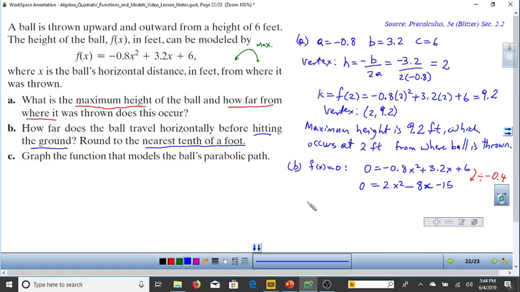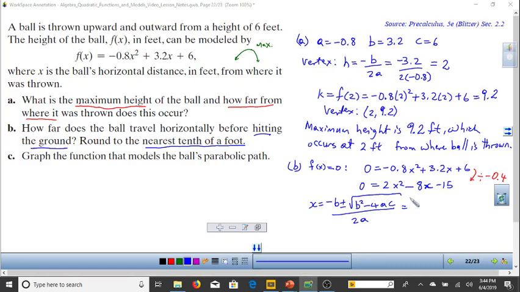Then I can use the quadratic formula. x is equal to negative b plus or minus the square root of b squared minus 4ac, all divided by 2a. Which is negative negative 8 plus or minus the square root of negative 8 squared minus 4 times 2 times negative 15, all of that divided by 2 times 2.